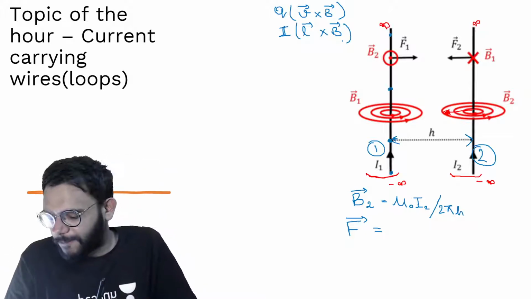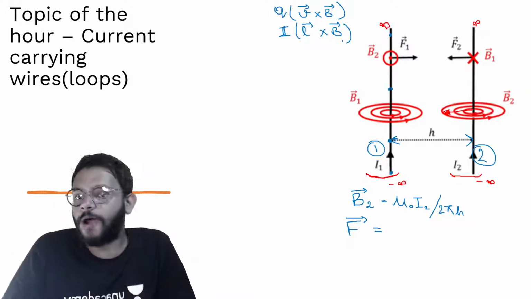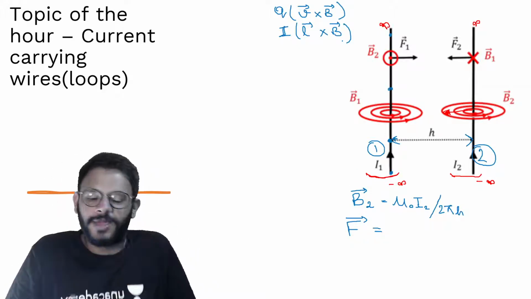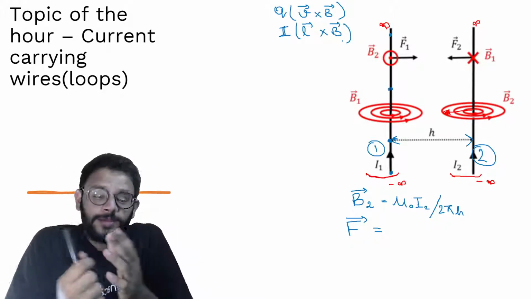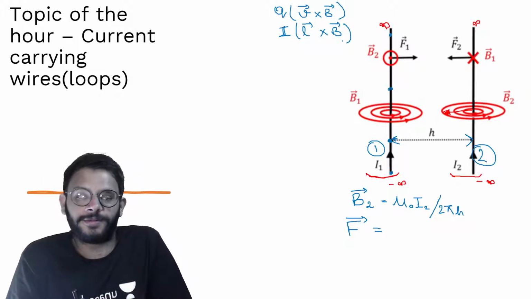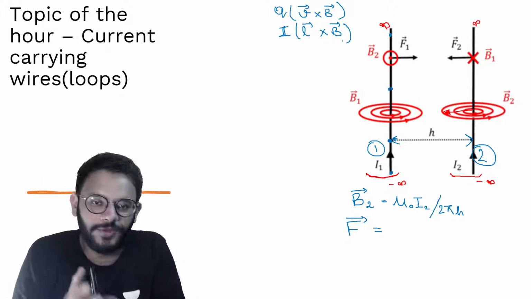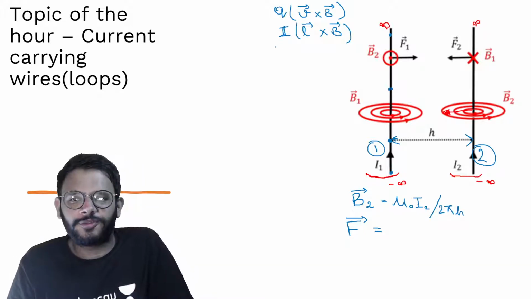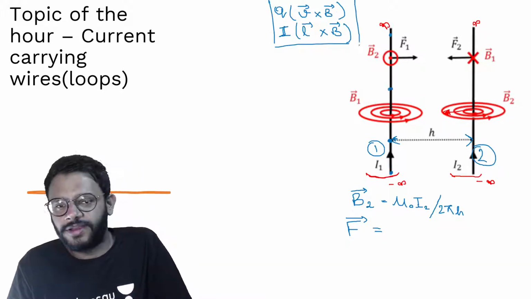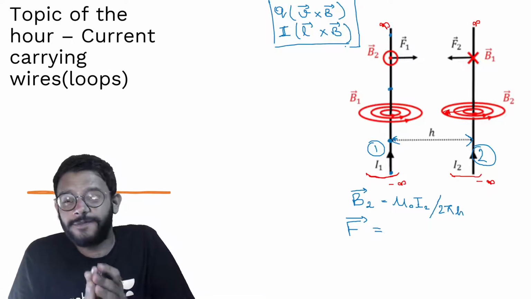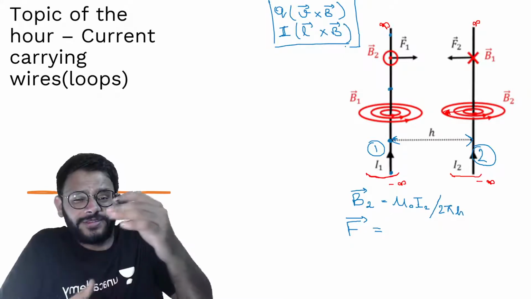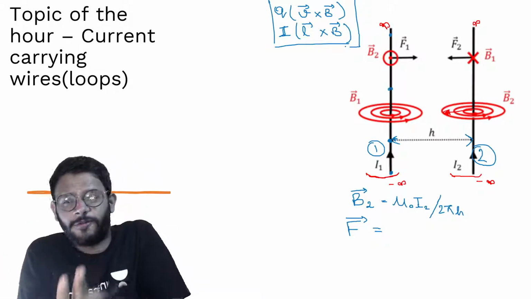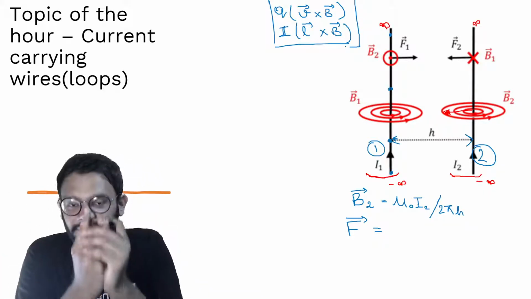Again, if you are not sure how I've written this, then just check out my second lesson on moving charges under a field, where I've explained in detail how we derive this equation and why we get pretty much the same counterpart, but instead of charge the current is there, instead of velocity the length vector is there.